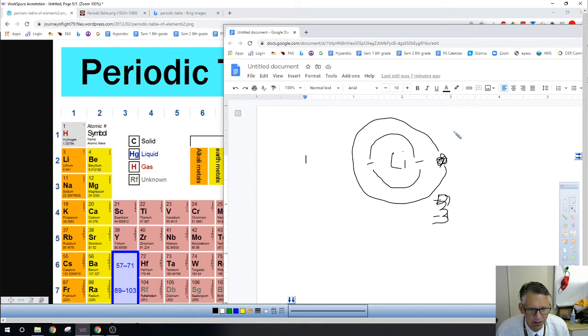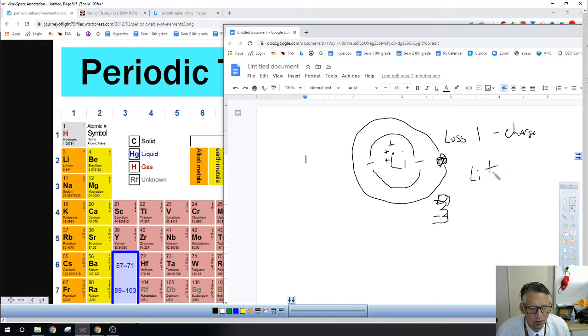I like to say it's going to lose 1 negative charge. And if it loses 1 negative charge, that means it's going to have a positive charge. Lithium has 3 protons, 1, 2, 3, so it has 3 positives now and 2 negatives.